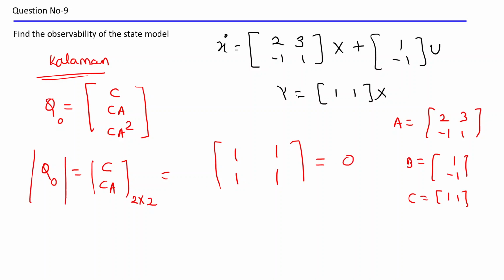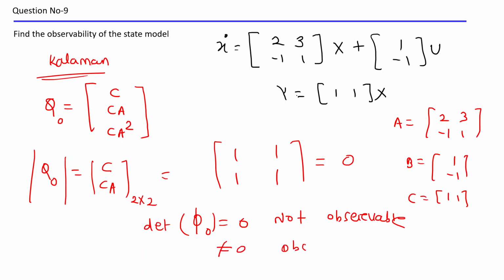If the determinant is equal to 0, then it is not observable. If the determinant is not equal to 0, then it is an observable matrix. As simple as that. Okay, you got my point, how to find out the observability and the controllability of the question.